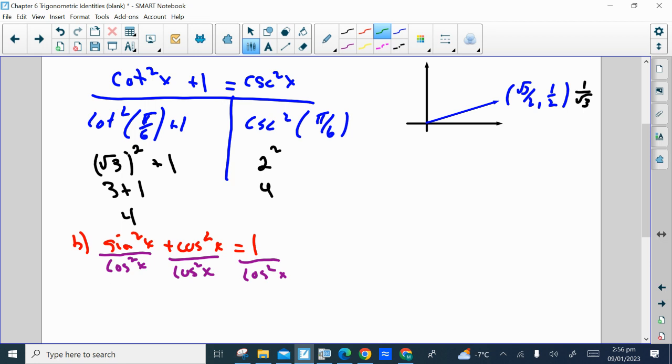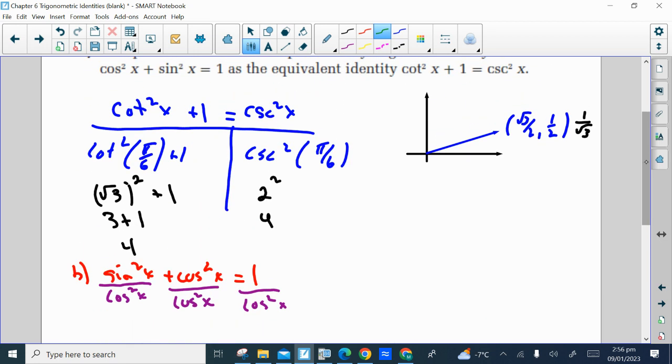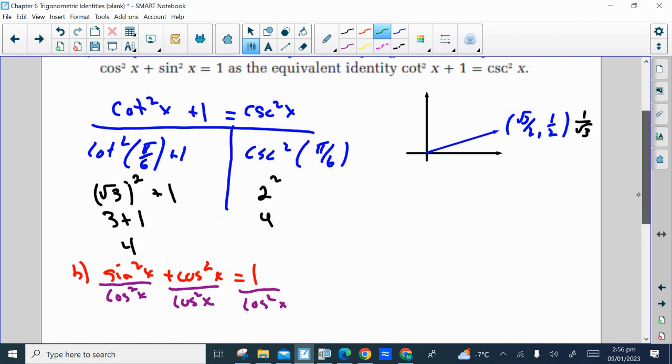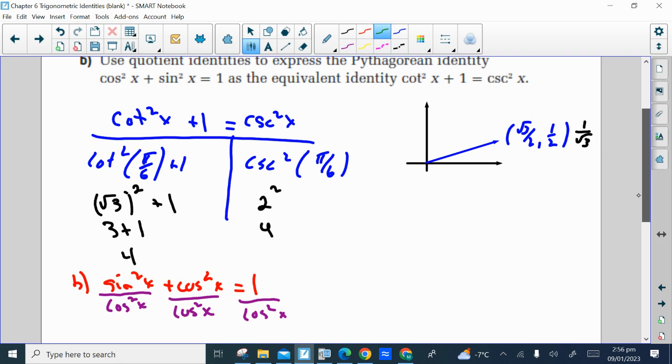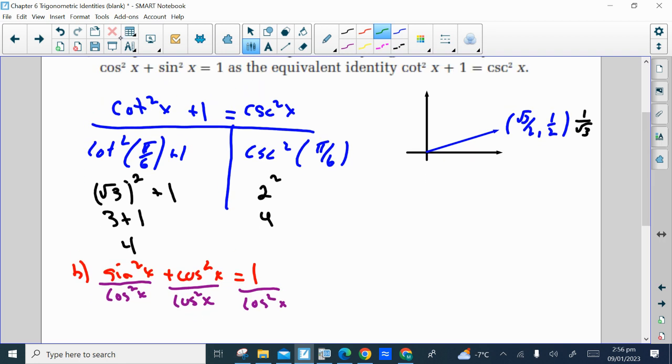So sine over cos is, hang on a second. I think I did that backwards. I should have divided everything by sine squared. Yeah, I apologize. I should have divided everything by sine squared.